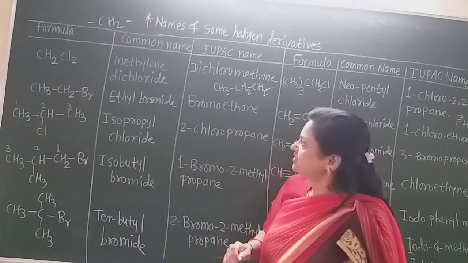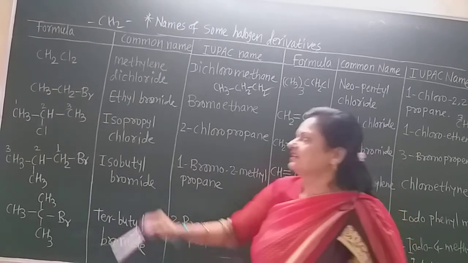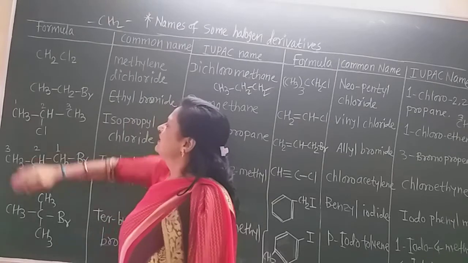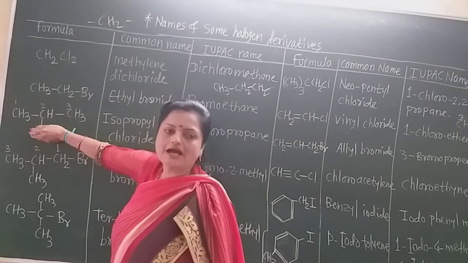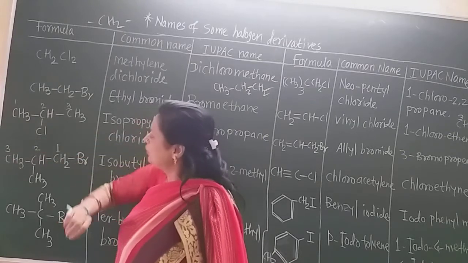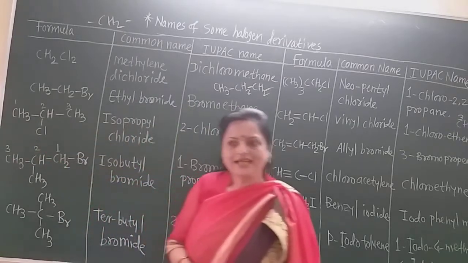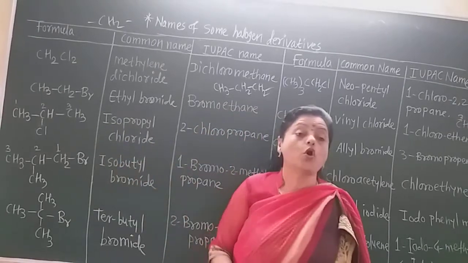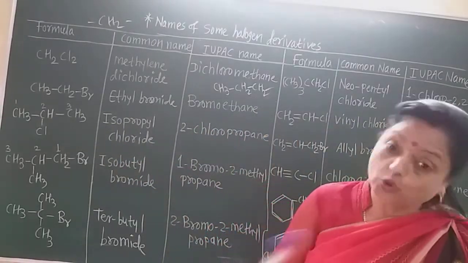Now next, see here. This is the secondary propyl or isopropyl group, and into that the middle carbon has the halogen atom, and this is commonly called isopropyl chloride or secondary propyl chloride.